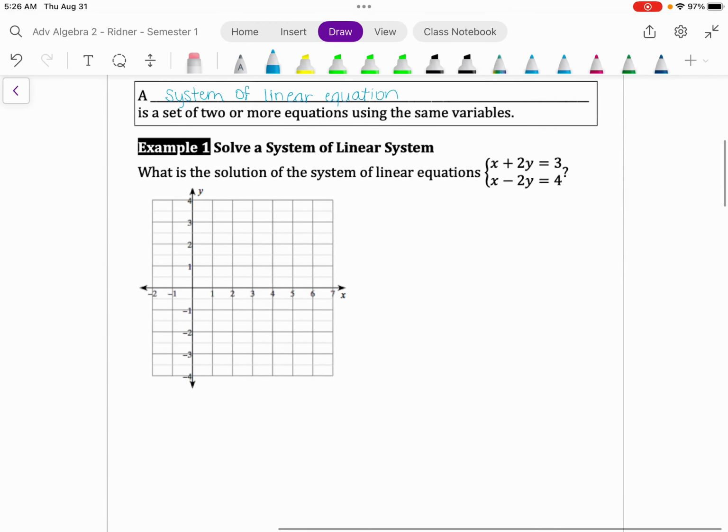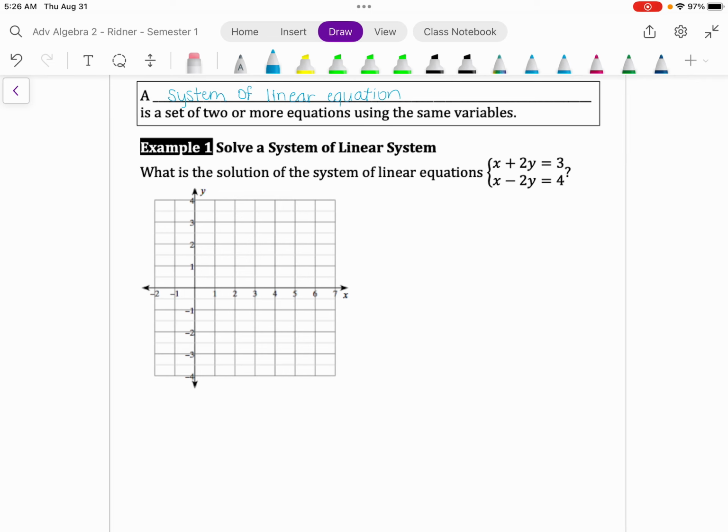And so when we're graphing, this becomes pretty easy as long as things are just like a whole number. So what am I talking about here? If I graph this, I like to get y by itself first.